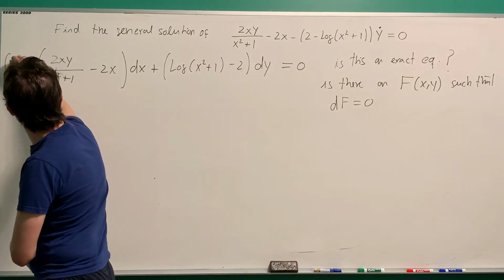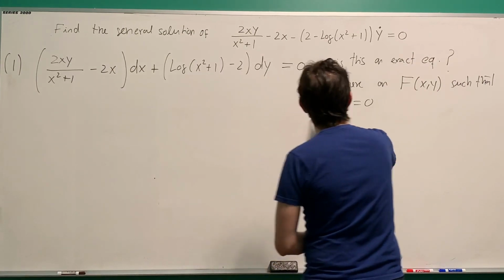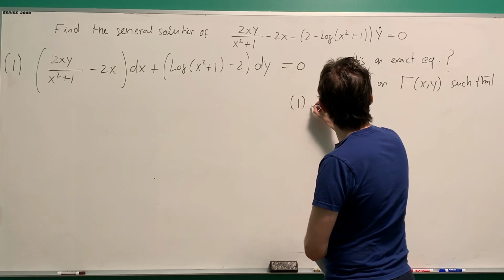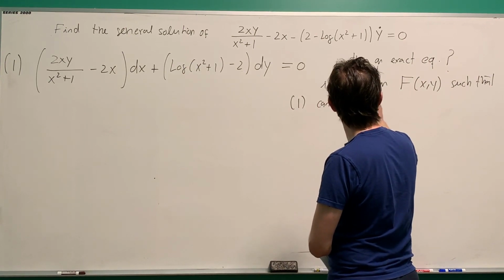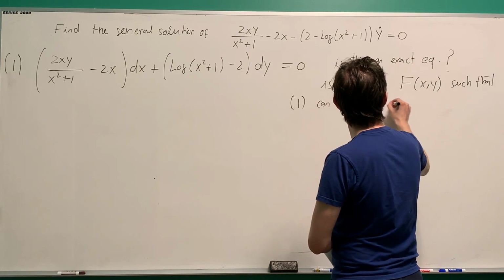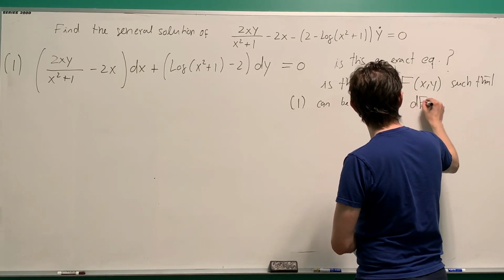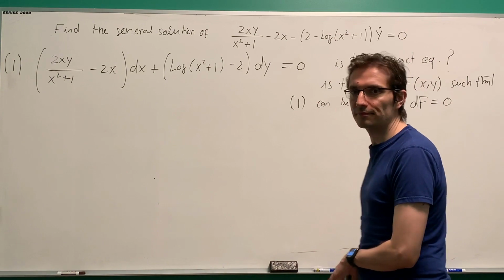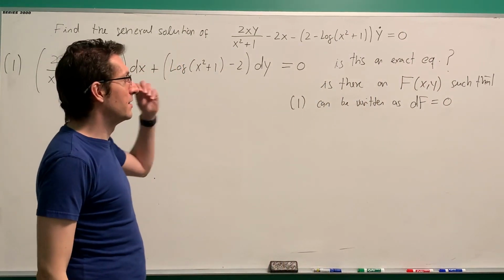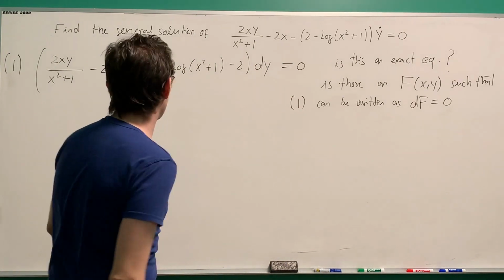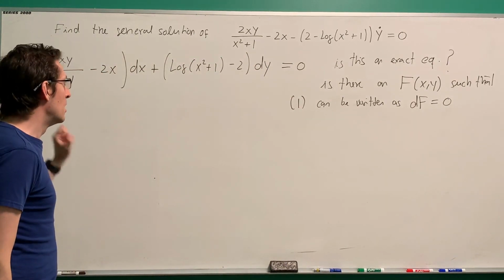Let's call this equation 1, such that equation 1 can be written as the differential of a function equated to 0. And if so, I know that the solution would be that function equal to a constant, the general solution to the differential equation. Okay, I need to check.